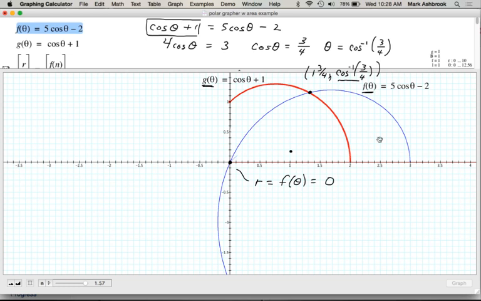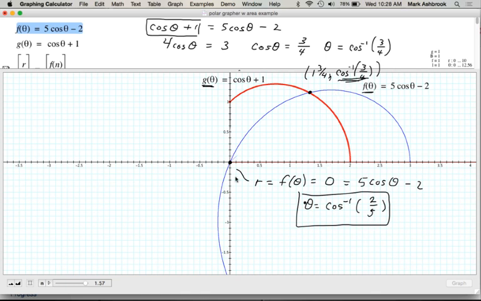We know r for f is 5 cosine theta minus 2, so this is going to be cosine inverse of 2/5, since cosine theta equals 2/5. This angle is that angle measure for which f hits 0 and goes negative, like you said. It turns from positive to negative.